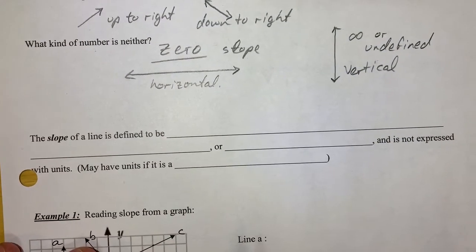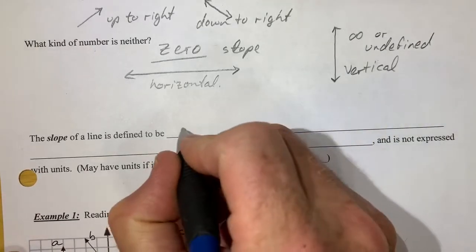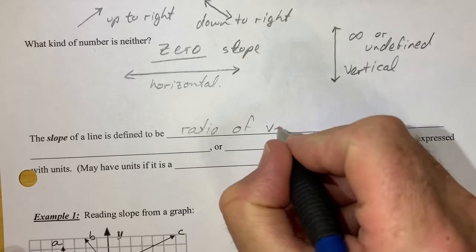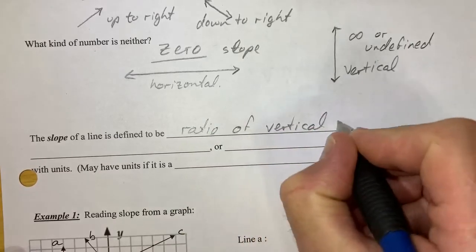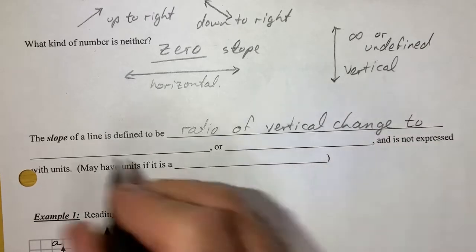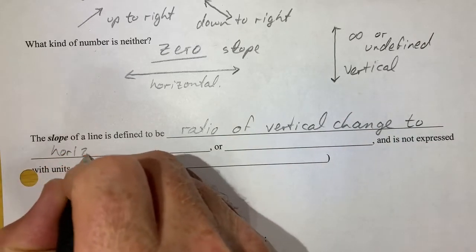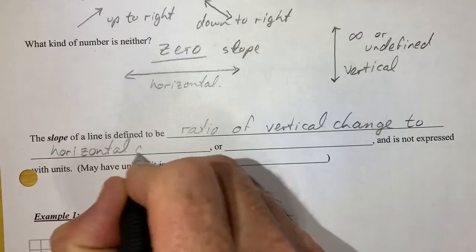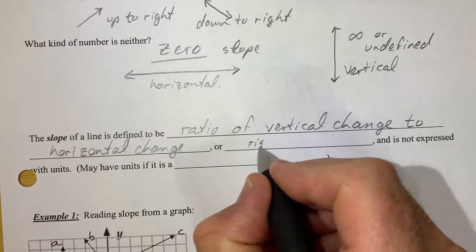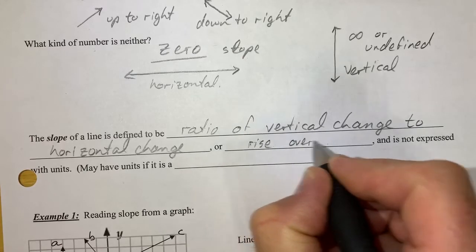So the slope of a line is really defined to be the ratio of the vertical change to horizontal change. Or that is, it's the rise over the run.